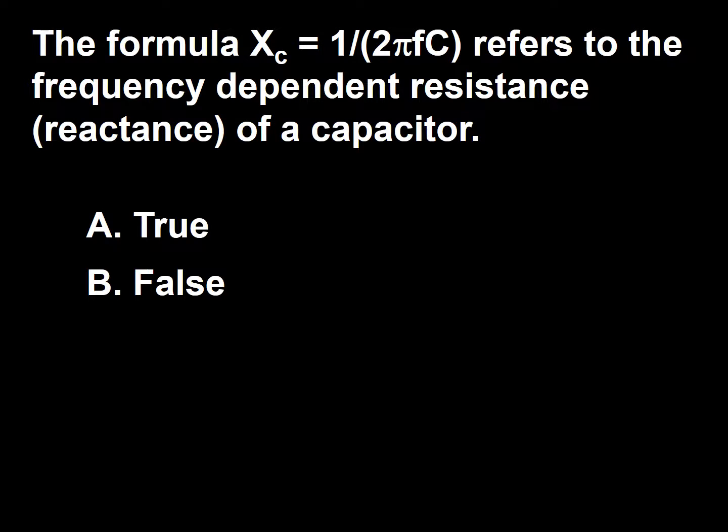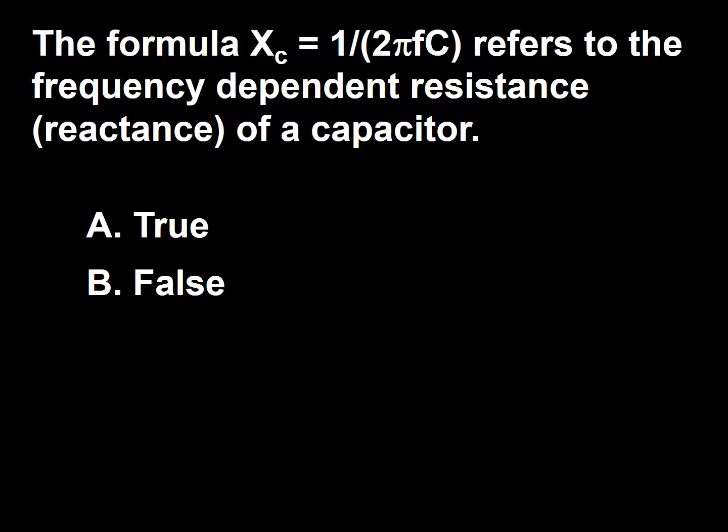Next question. The formula Xc is equal to 1 divided by (2 pi f c) refers to the frequency dependent resistance, usually called reactance of a capacitor.